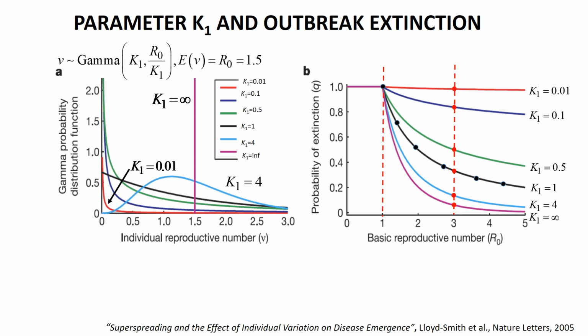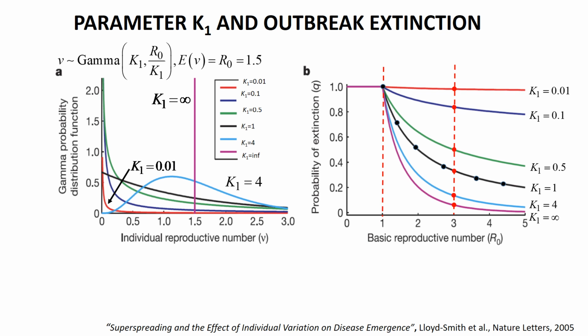To understand that, you need to look at figure A. As we make K1 smaller and smaller, we get an over-dispersed system. So we have this idea of super spreaders, but also dead enders, the ones with 0. As you reduce K1, you get greater dispersion, but you also get a chance that you're going to hit a lot of these individual reproductive numbers of 0, and so increase the probability of extinction.